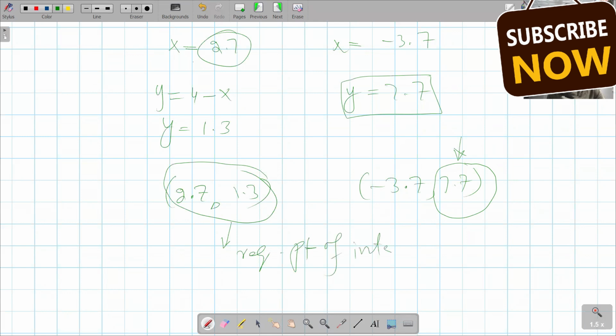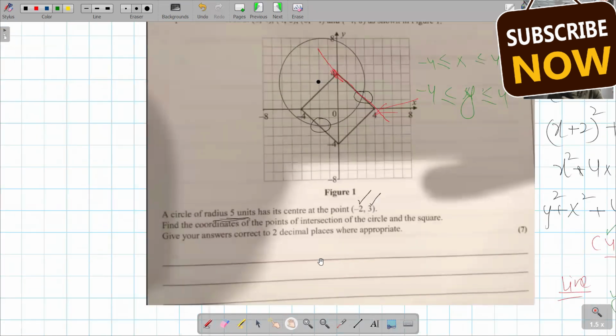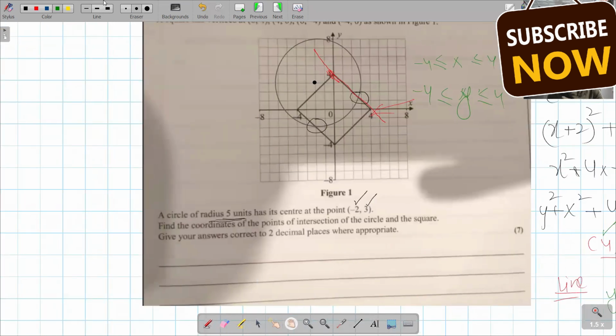So we have got one point of intersection by simultaneously solving the circle equation and the equation of the red line here. Now we will repeat the procedure in this. Again, we will solve the circle with this line. You don't need to find out the equation of this line because it is clear that the equation of the line is x plus y equal to negative 4.